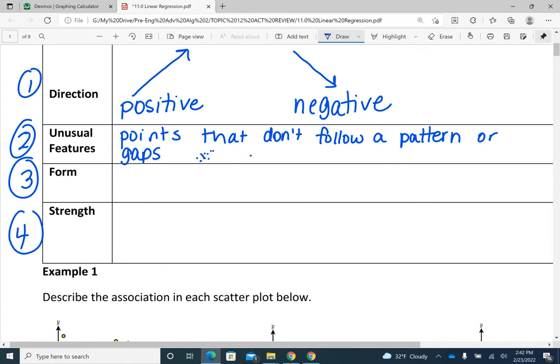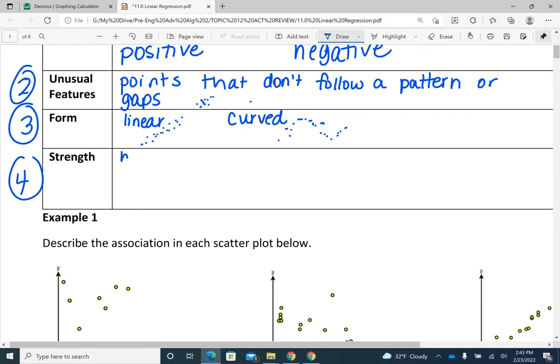That would be an unusual feature. For form, I want to know, does the form of the points make a linear form? Do all the points tend to travel up or all the way down, or do you see more of a curved form? Do they go up and then come back down and maybe go back up again? And strength you can think of as how close the points are together, or how close the points fit the pattern.